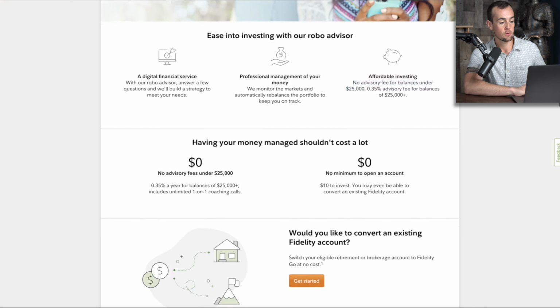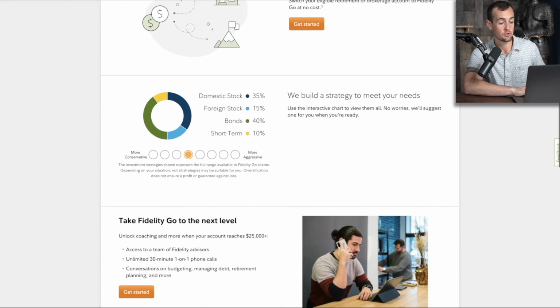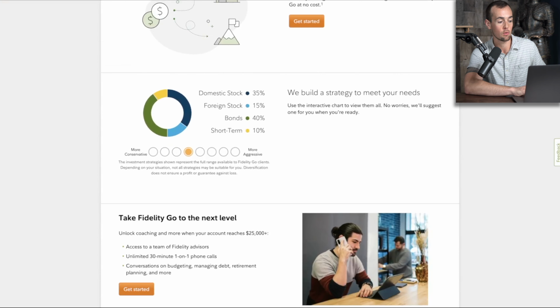If you scroll down here, you can learn about how they build these strategies to meet your goals, for example. You're going to fill out information about your risk tolerance, and that's going to change the diversification of your portfolio. If you're looking for a more conservative approach, that would be a lot of money in bonds, a small amount in stocks, and then some amount in short-term investments or bonds, whatever that may be in that category.